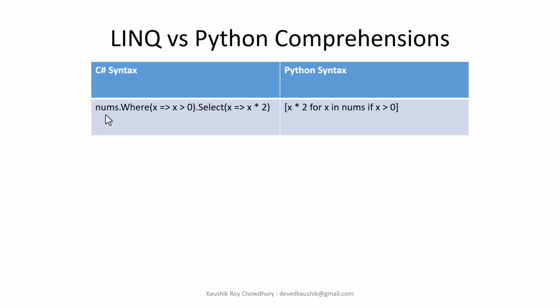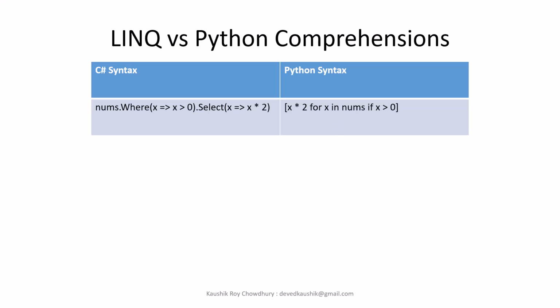So the C# equivalent syntax is nums dot where x goes to x greater than 0, and after going through this condition it selects x into 2, multiplies x by 2. Okay, and it is a much shorter cut, easy to remember and implement.